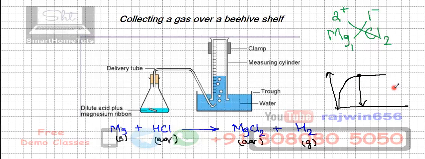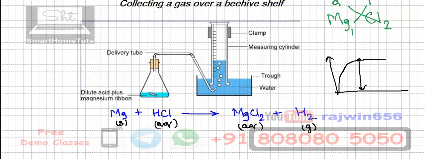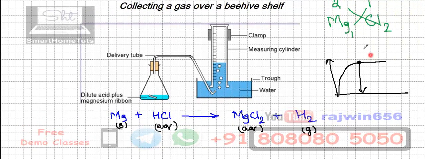Now, this same apparatus, can we use it for the previous equation that we had considered? The previous equation was calcium carbonate, CaCO3, plus HCl giving calcium chloride, water, and carbon dioxide.